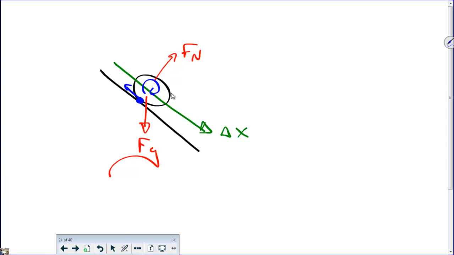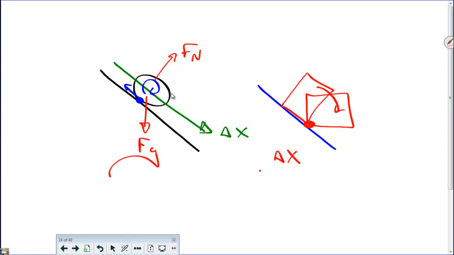If you picture a book tipping over, suppose I've got a book on this thing here, and the book tips over, then right here there's no motion, and so your displacement is 0. So when you do work equals force times displacement, your displacement at that point is 0.